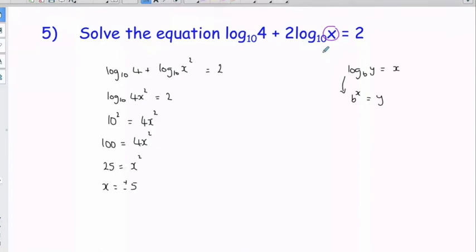You cannot log a negative number, which means if you get potential negative answers, you have to discount any negative answers. Even though when we square root we should write plus or minus, logs are very special in that if you get a negative answer that you could not have logged, you need to eliminate that answer. So in this case, the only answer that works is that x is +5.